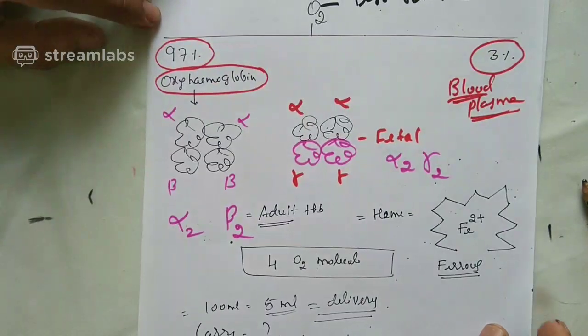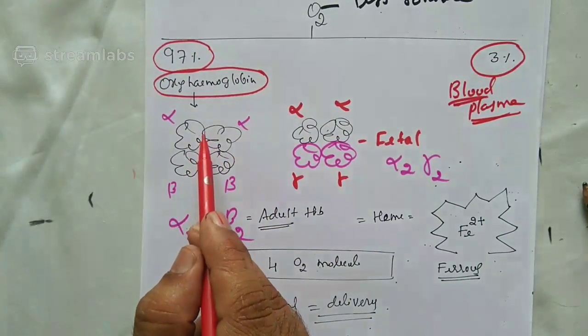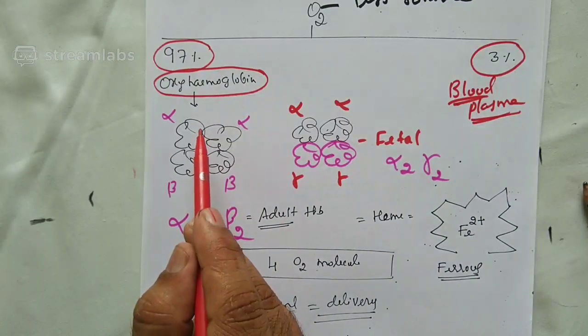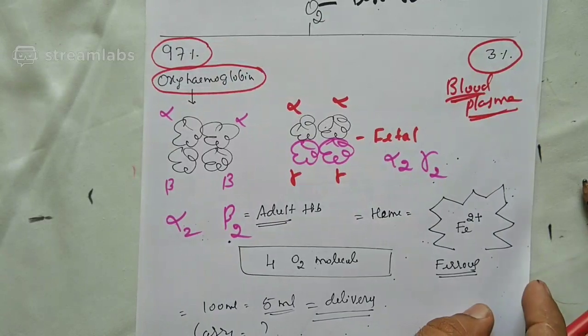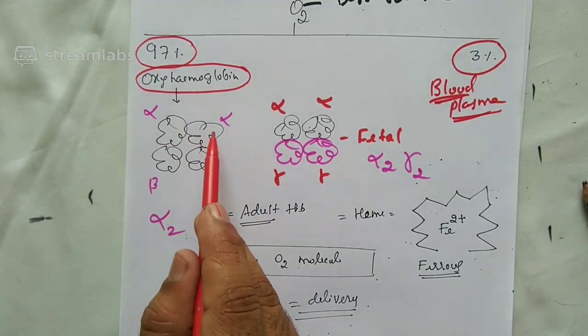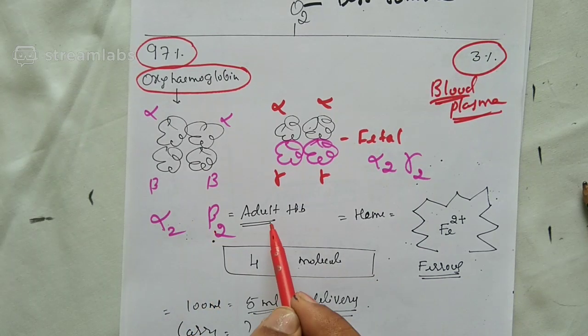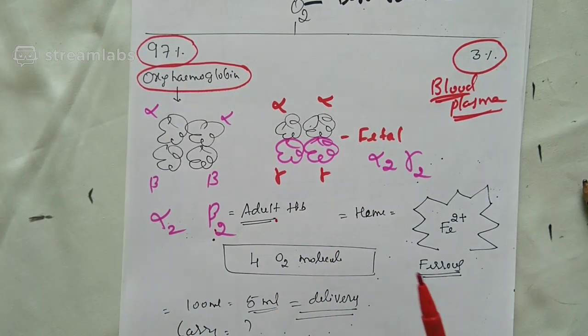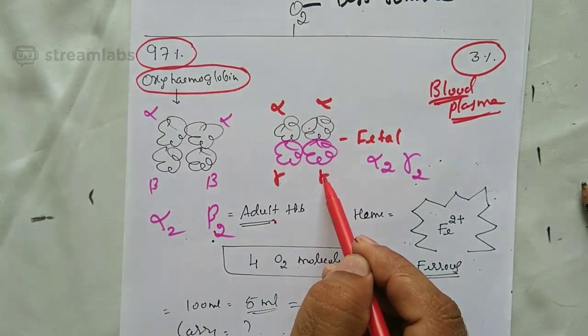Let us quickly look into the hemoglobin structure here. Adult hemoglobin has 2 alpha and 2 beta chains. You have studied this in detail in sickle cell anemia also. So we say alpha 2 beta 2 in adult hemoglobin. But if you see fetal hemoglobin, it has 2 alpha and 2 gamma.